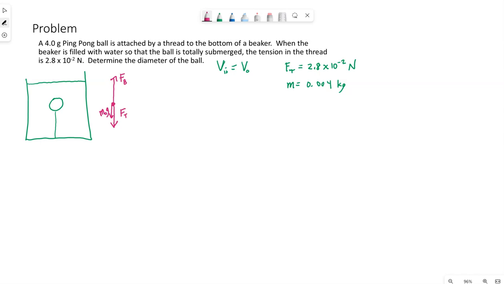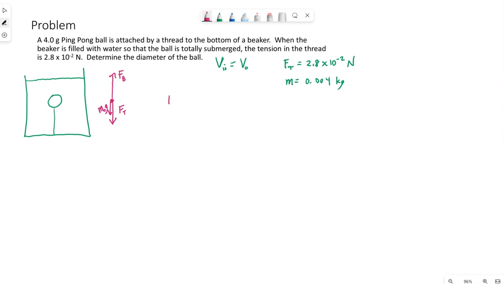Since this ball is no longer moving, it's just now in the water, its tendency would be to pop out of the water, but this thread, this little string, is not allowing that to happen. So the net force on this ball is 0.